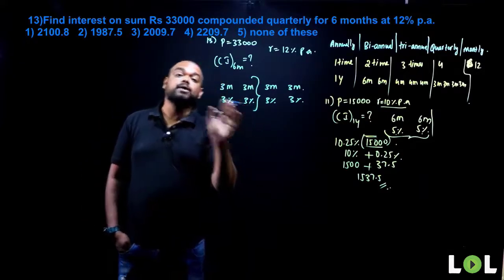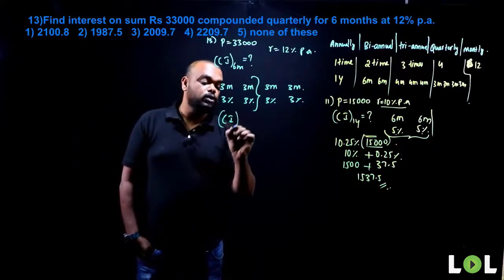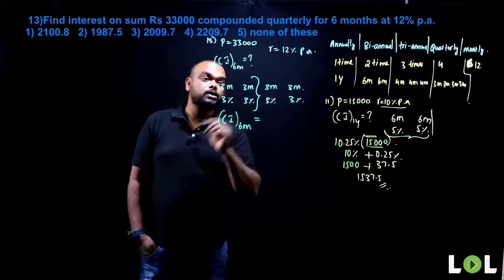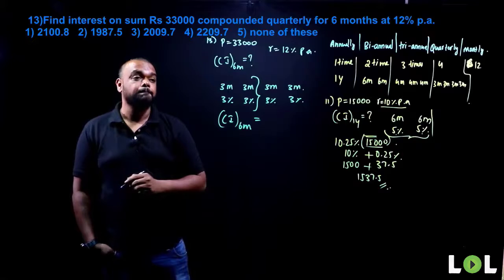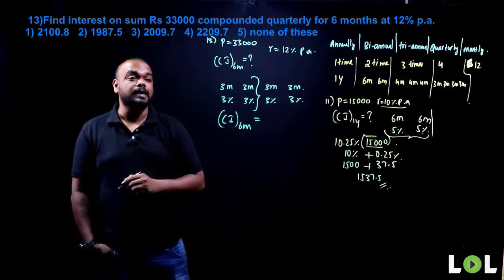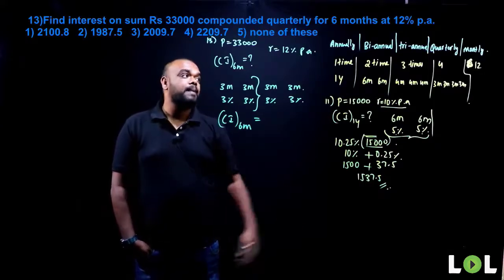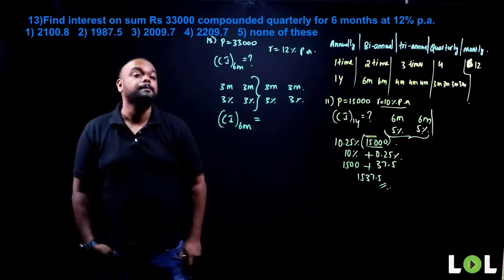What is the compound interest for 6 months? 3%, 3%, 2 times. What will be the total percentage? Everyone. Sri Lakshmi, check it out properly. No, Gayatri, check it out. You are making it 6%. Apply the formula, guys, x plus y by 100.